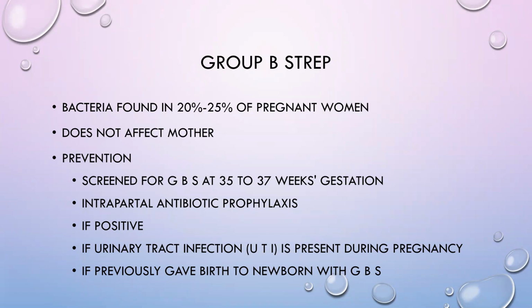If the mom is known to be positive for group B strep and has received antibiotics, then the baby can be monitored a little bit longer than normal, probably, especially if they were not prophylactically treated.